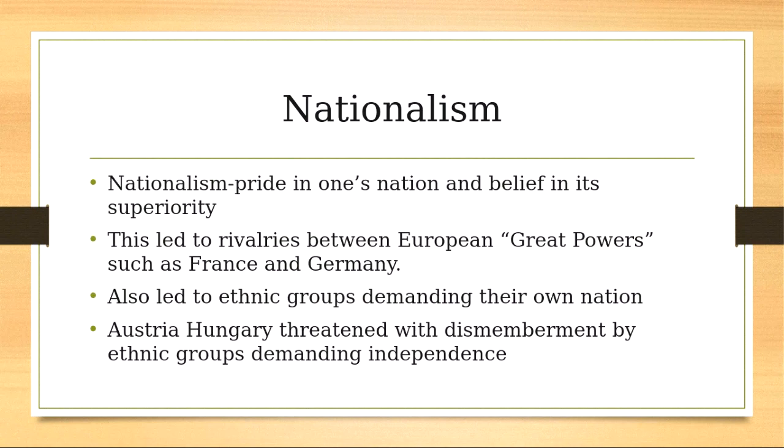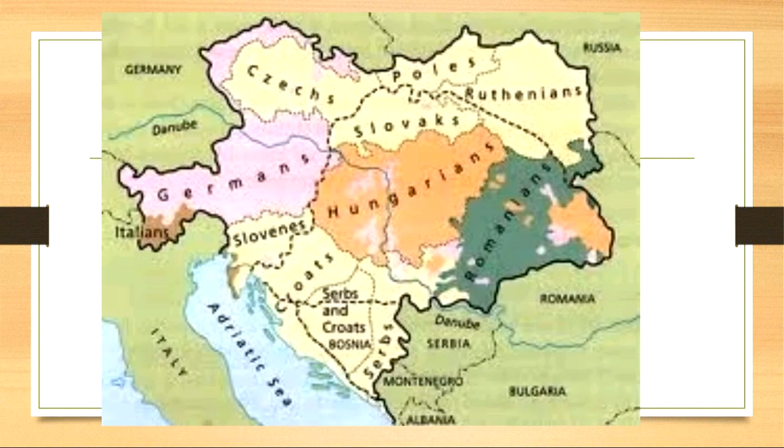If you are a land that has people from other places, they're going to have pride in their location and not so much in the country that they're in. So you have all these ethnic groups in Austria-Hungary, and some of these places are not attached to Austria-Hungary, even though they're part of that country.